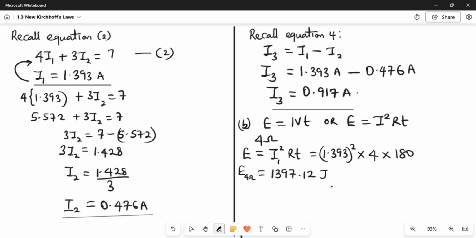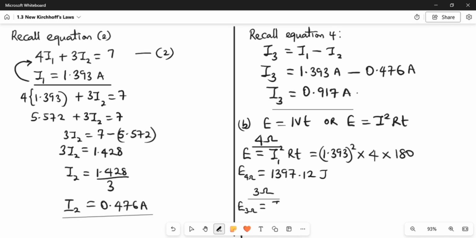For the 3 ohm resistor, we have that E, the current passing through the 3 ohm resistor from our circuit diagram is I2.